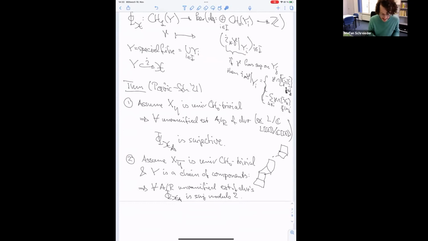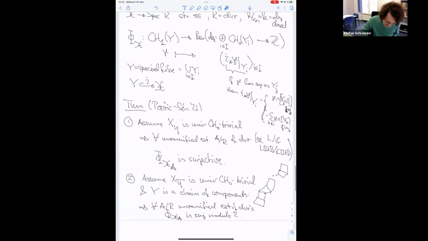2 has an advantage because if I write down one model with very few components in the special fiber, this map here is easy to compute. I have few components. Nonetheless, I can make an assertion about what happens on the geometric generic fiber. So what happens about base change. The price I have to pay is that I only get surjectivity modulo 2 and not surjectivity on the nose.